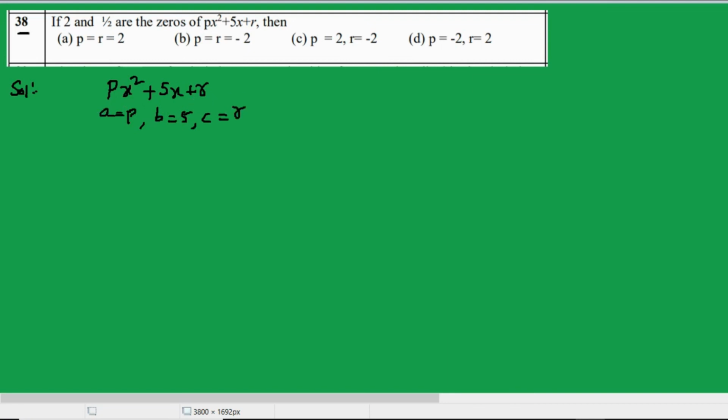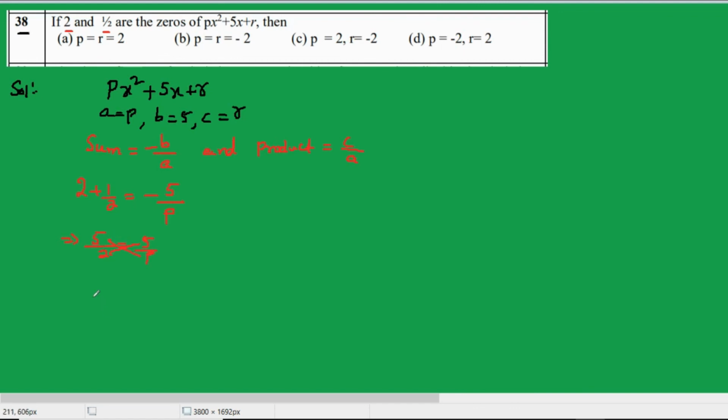We know that the sum of zeros is given by the formula minus b by a, and the product of zeros is given by c by a. Sum means addition. The two roots are 2 and 1 by 2. So we add the two roots, which is minus b by a. Here b is 5, a is p, so minus 5 by p. 2 plus 1 by 2 is 5 by 2, equal to minus 5 by p.